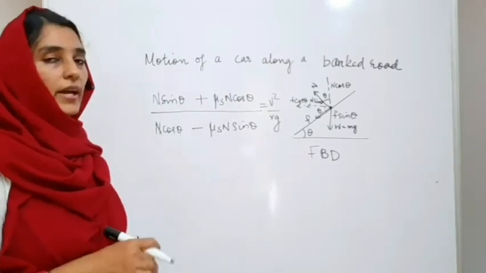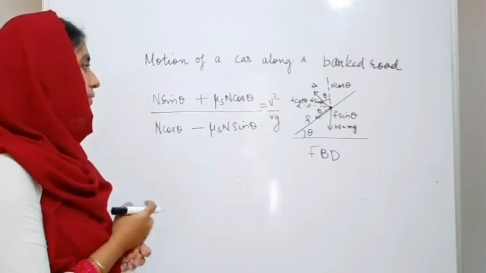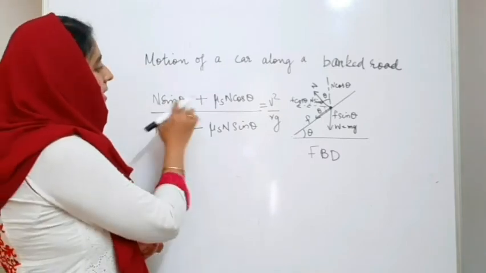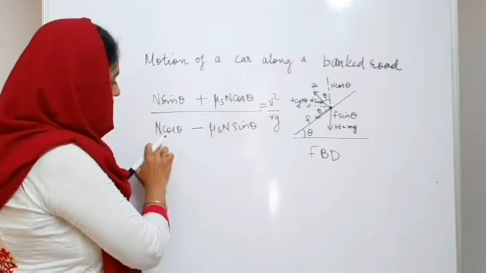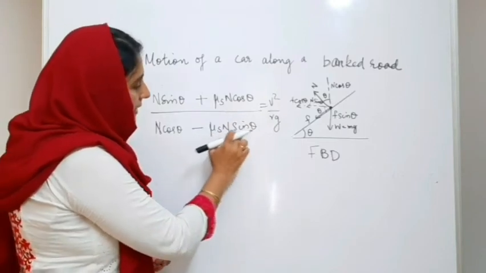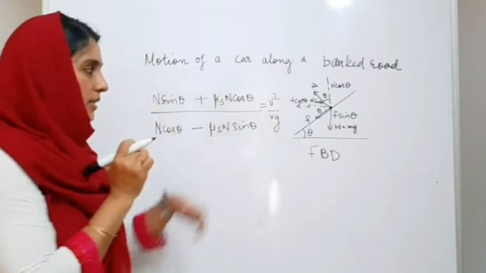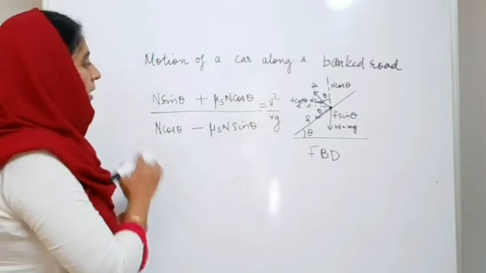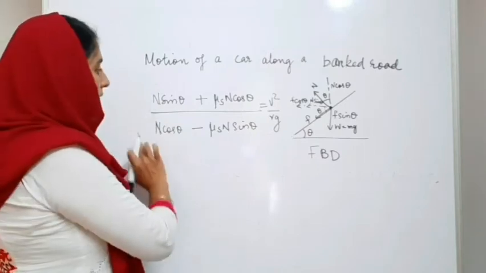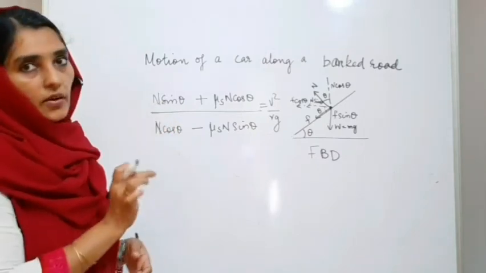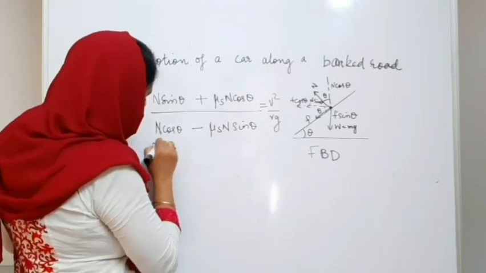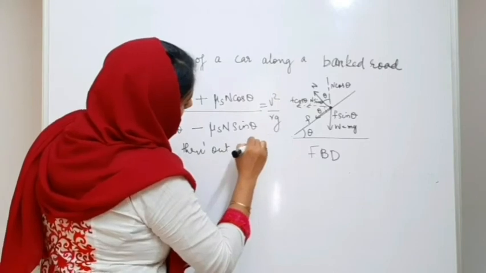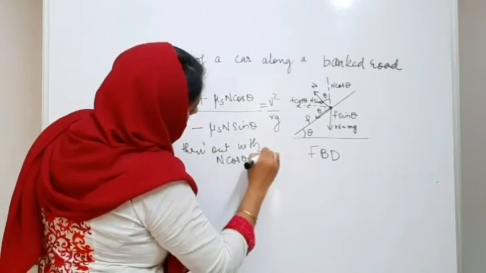After the substitution of F equal to mu s N and dividing the two equations, we have got N sin theta plus mu s N cos theta divided by N cos theta minus mu s N sin theta is equal to v square by rg. The m has got cancelled. Now we divide throughout with N cos theta only in the LHS.